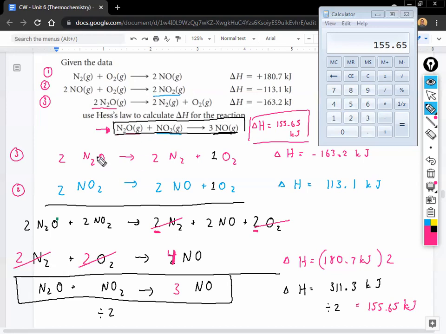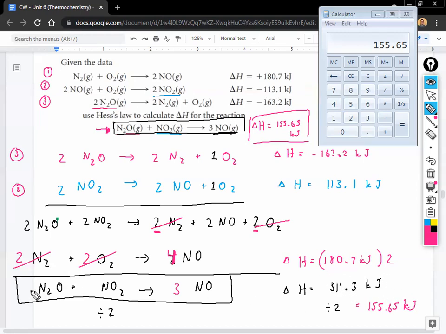Because I needed to take the NO2 and put it on the left side. When you flip an equation, you have to make it the opposite sign. So it was negative, so it became positive. Okay, and then we had this one right here, 180.7, but we had to double everything to cancel it out. So we doubled 180.7, and then we added it all up. When you add it all up, you should get 311.3.